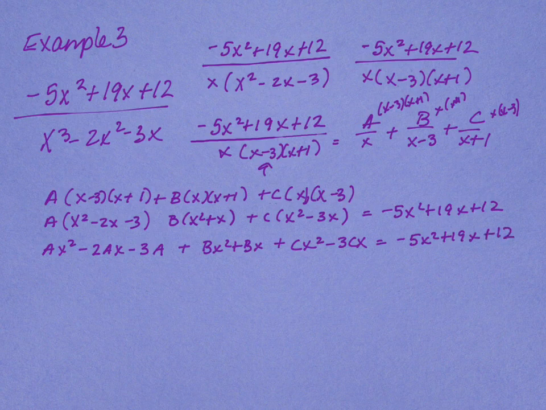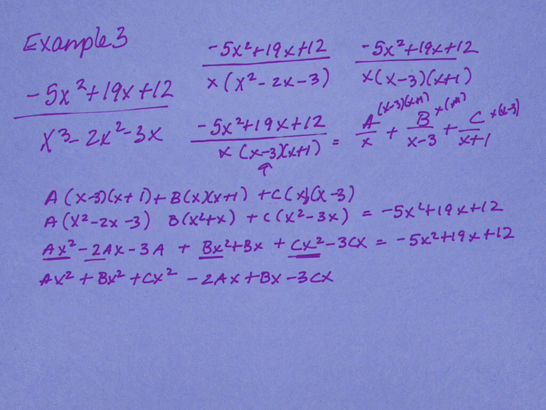All right, get all the x squareds together. So I have ax squared plus bx squared plus cx squared. So I've gotten rid of this term, and this one. All right, and then let's get the x terms together. I have minus 2ax plus bx minus 3cx.